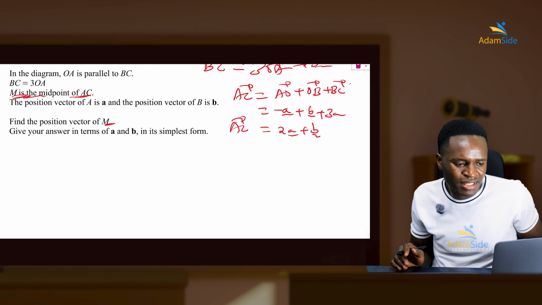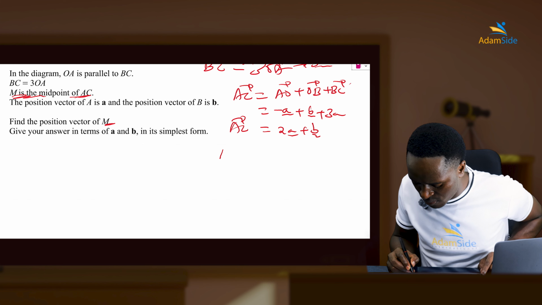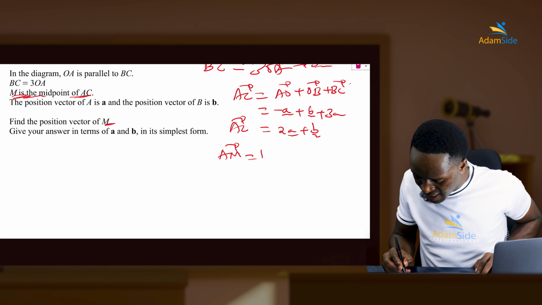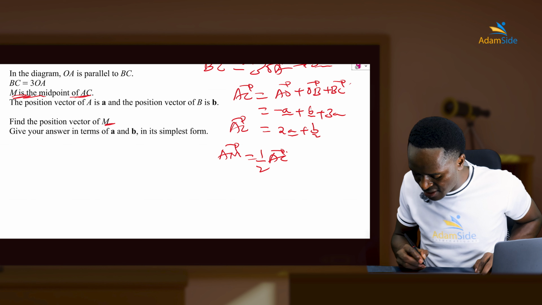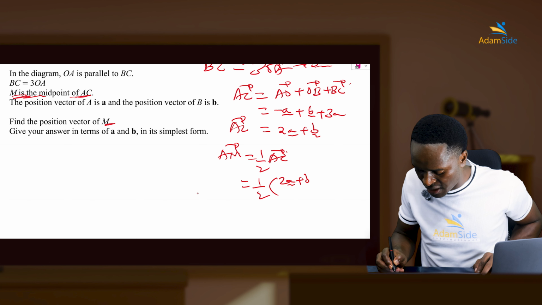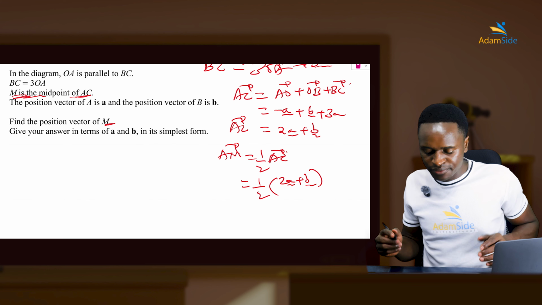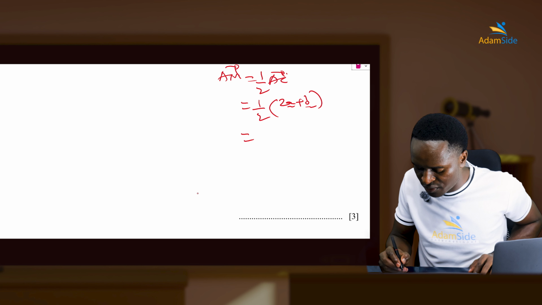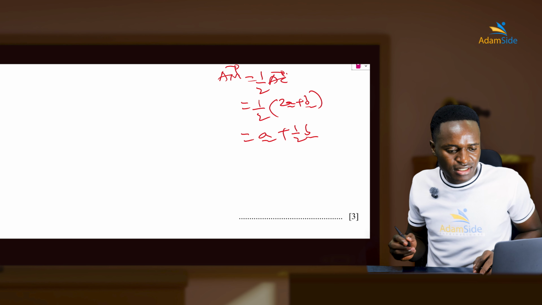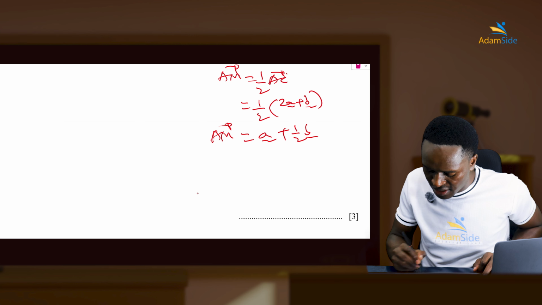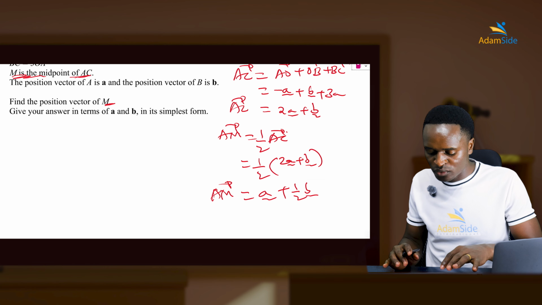A half of vector AC, which is 2A plus B, is: a half of 2A is A, and a half of vector B. So A plus a half B. This is vector AM.